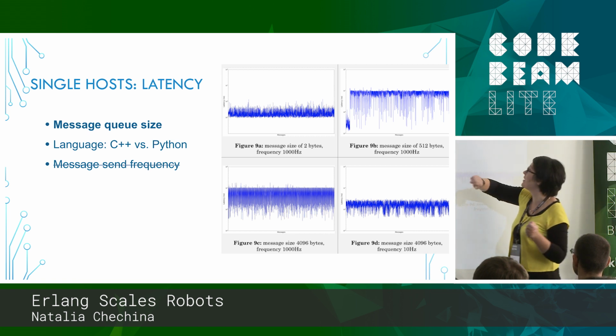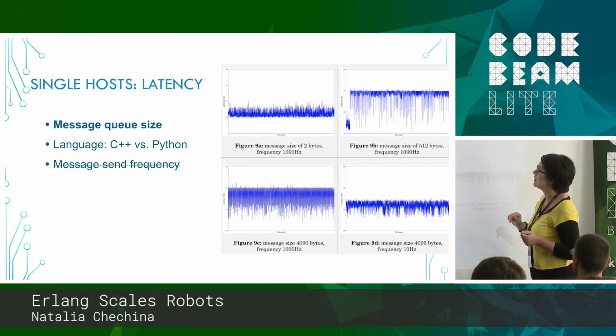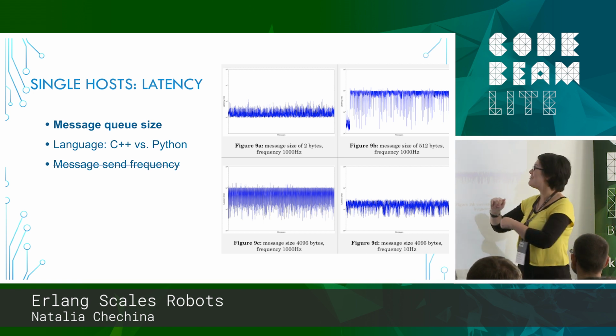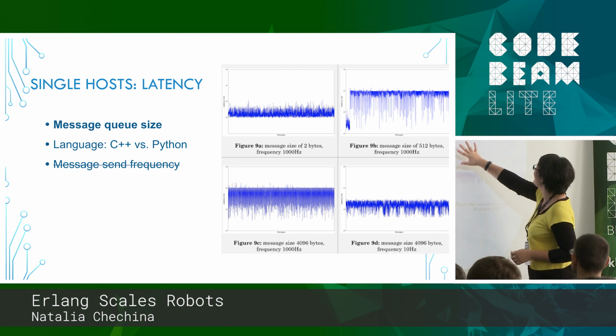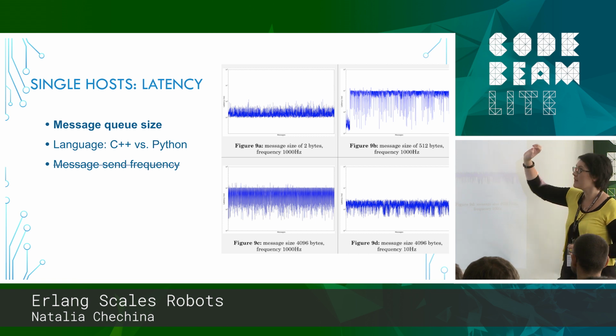And then we start sending them at 1 kilohertz. Oh dear, I forgot the kilo and mega. Right, so kilohertz.